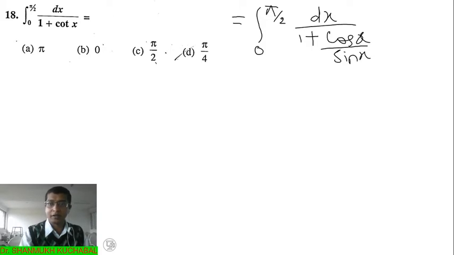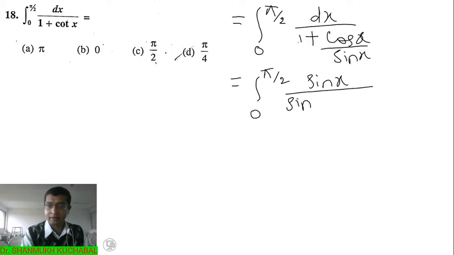Further we take the LCM, that is sin x, and we get sin x plus cos x divided by sin x. Sin x we transport to the numerator, so we get the integral from 0 to pi by 2 of sin x divided by sin x plus cos x dx.